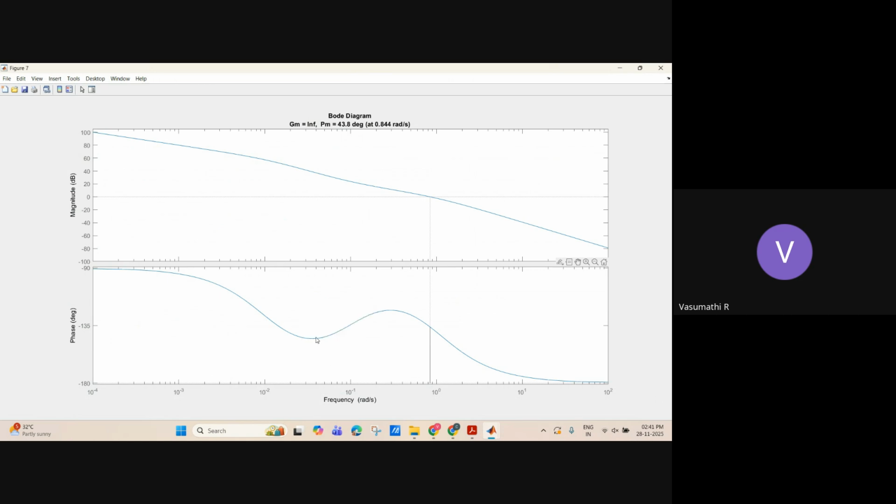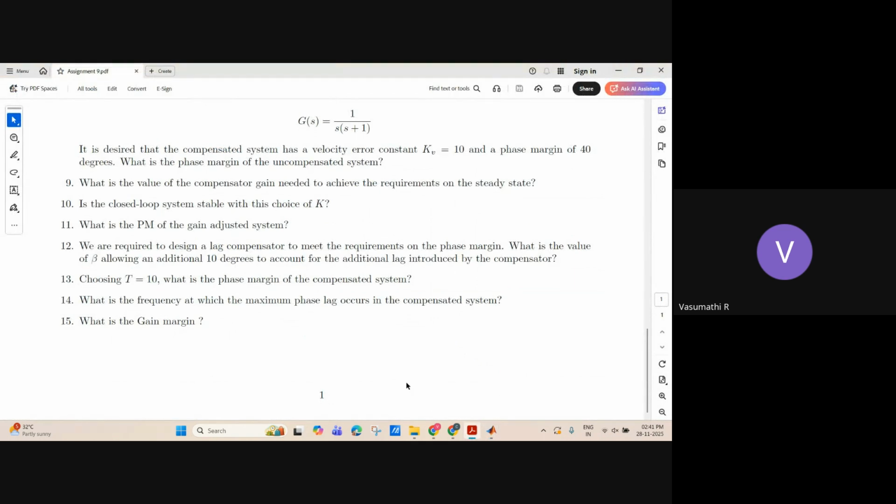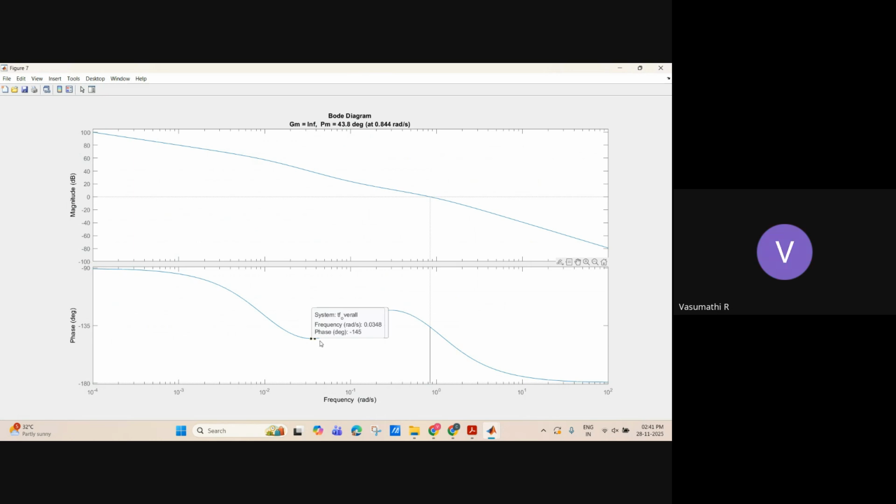It's occurring here around 0.03. How do we find the maximum phase lag? It can be found using the formula of omega m, but in the figure, you can find it using the dip. Here is the dip, so it's around 0.03.